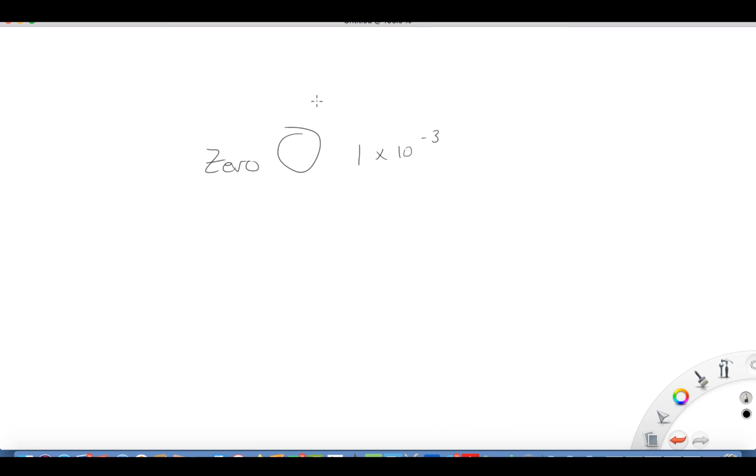Well, 0 is less than this number. Even though this is a negative exponent, it's a fraction of 1/1000th. So 0 is still less than this number. So pay attention to those greater than, less than, and equal to problems, and I think you'll do fine. All right, if you have any questions, let me know, and I'll answer them as you get to your lesson.